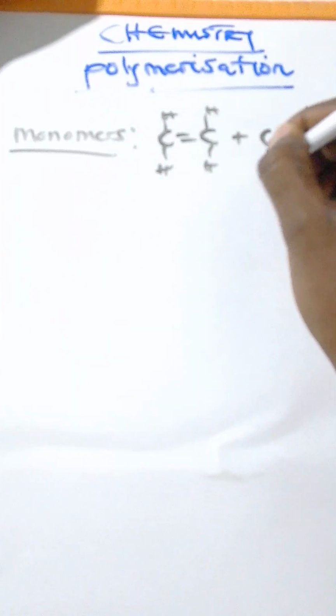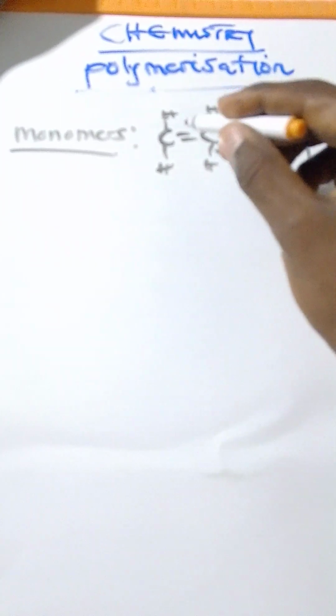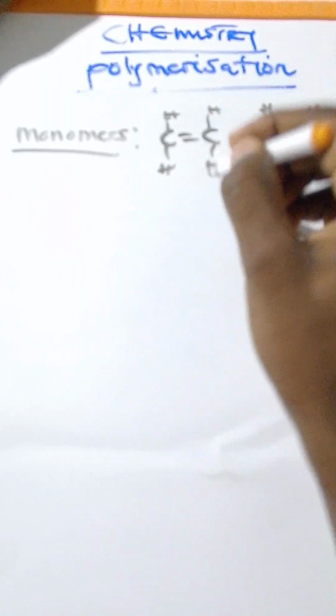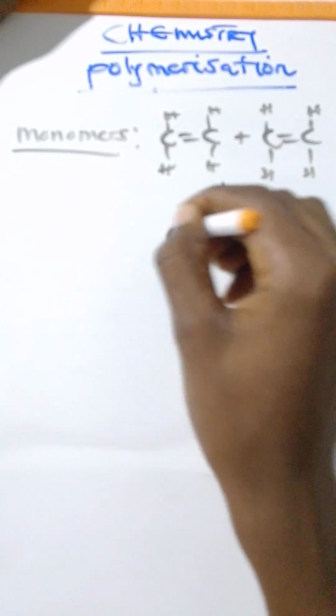We can add as many as we want depending on the polymer we want to produce. So what will happen now is that since these are alkenes, they want to react to form a polymer. In the next stage, you'll find that the double bond will break.